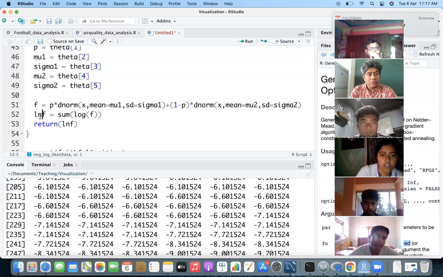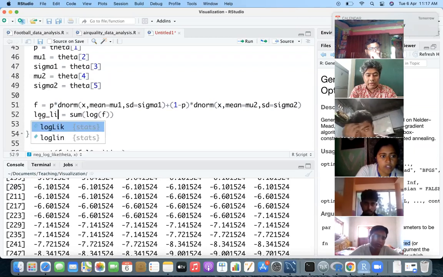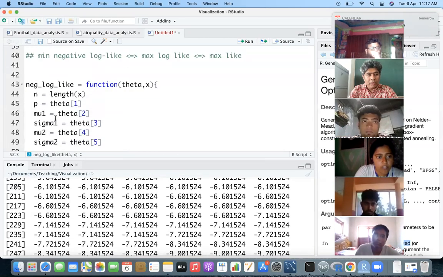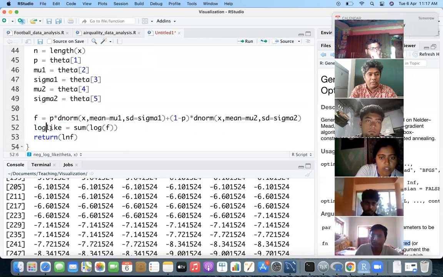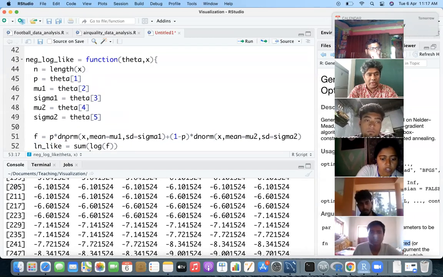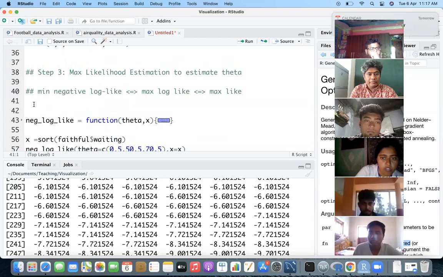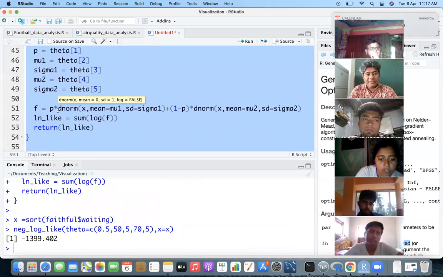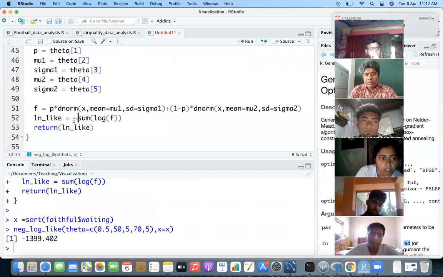Actually, I don't want to screw up the ln naming convention, it might create a problem. So this is the log likelihood that we are returning. Now we have to put a negative sign before that. I'm done.